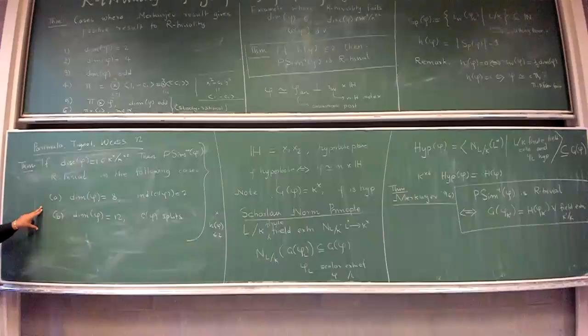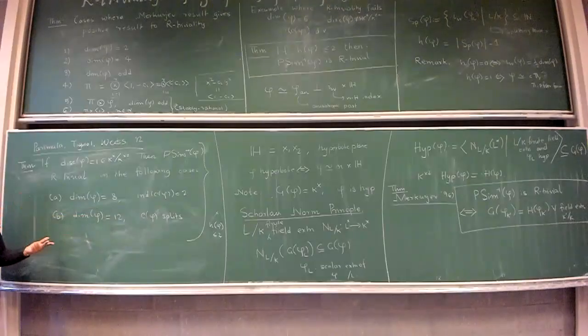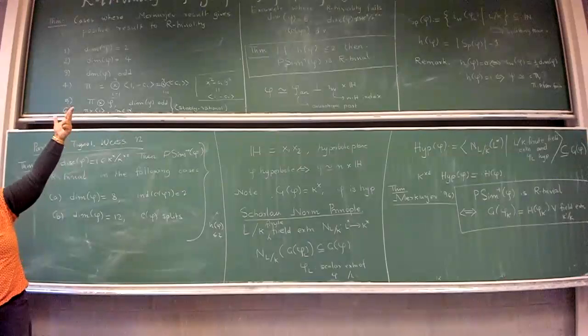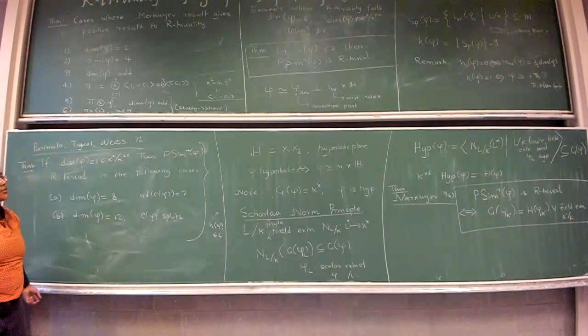In this result, they are all under height 2, but they are limited. We don't know from here about 14 dimension, 16 dimension. In our result, if that is just height at most 2, then we can say that is R-trivial.